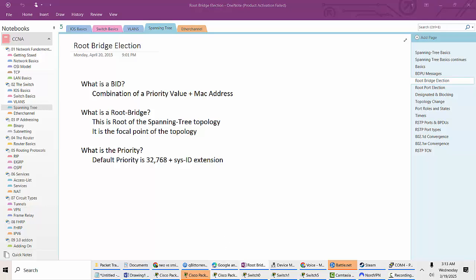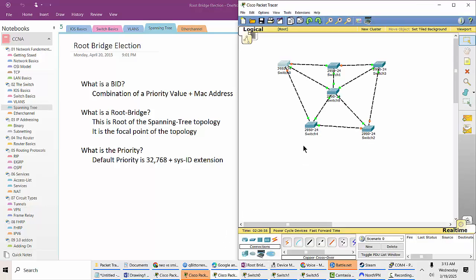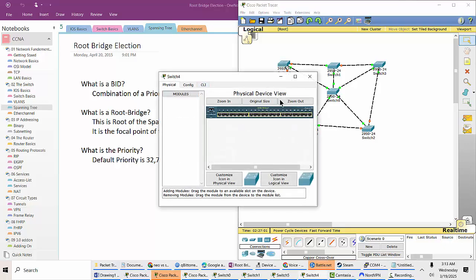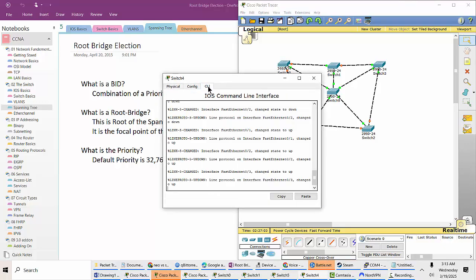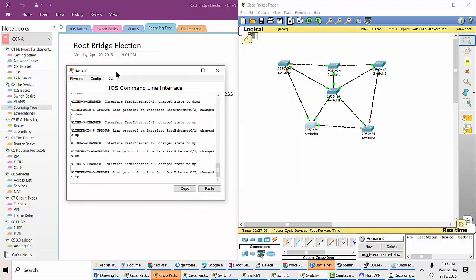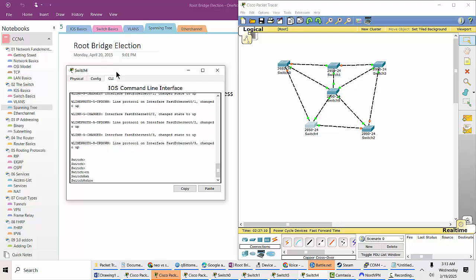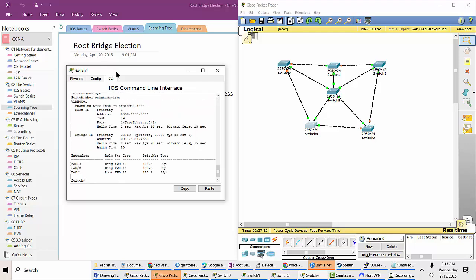So let's go back to our topology again. Now this switch here, all its links are forwarding. Let's go here, which is not a root bridge. But they're all forwarding. This tells you it has a priority of 1. And look at this row here.